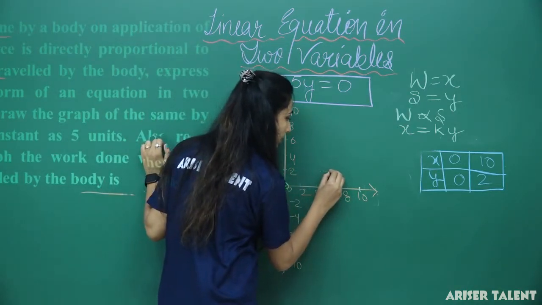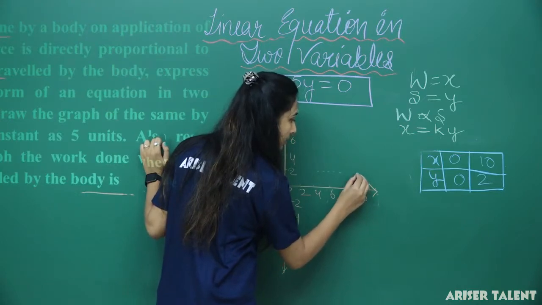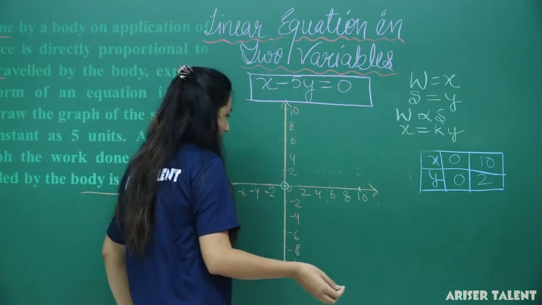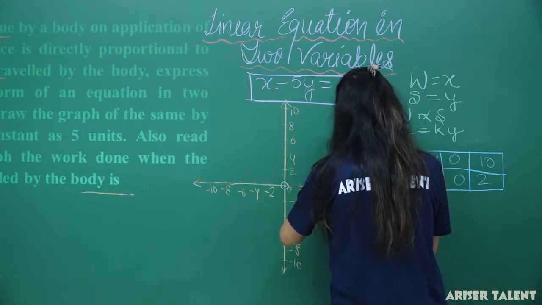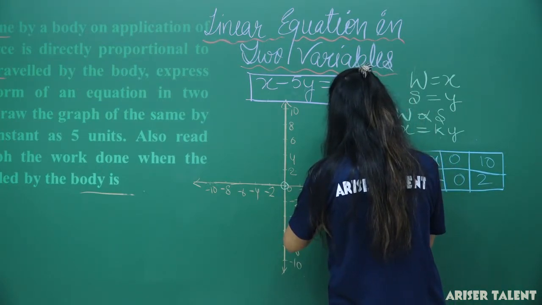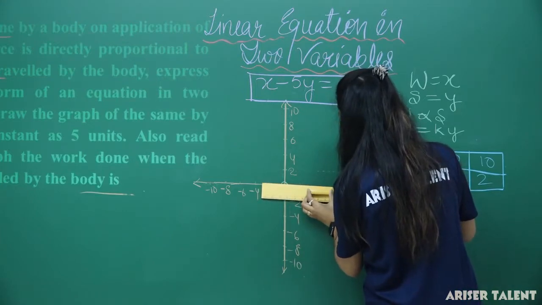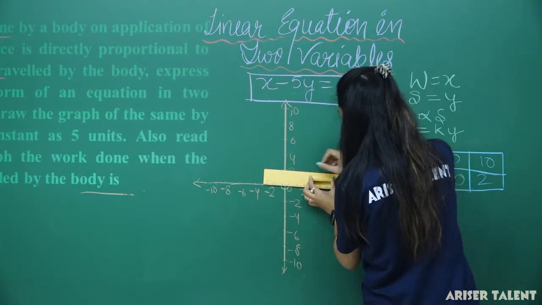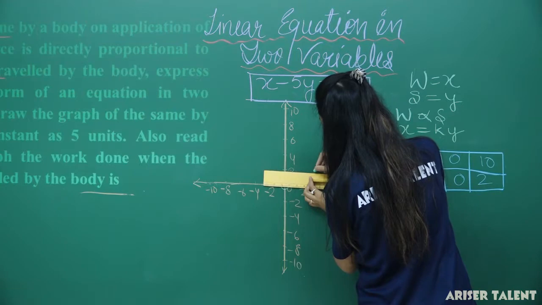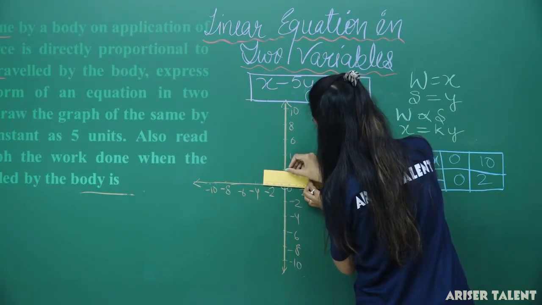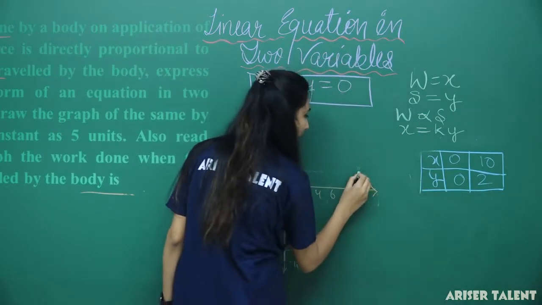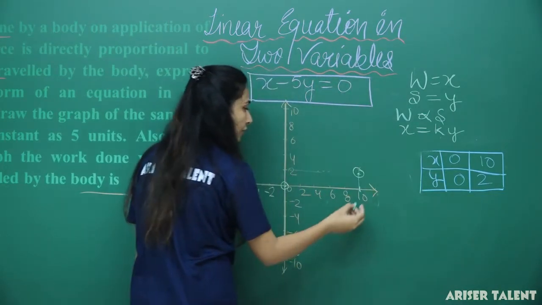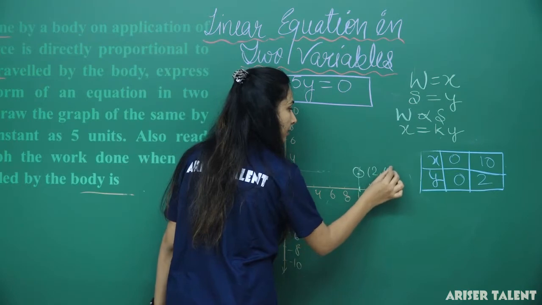Now they will be meeting somewhere here, or to be precise I will use this scale. You will be getting your markings, right. Something like this side here. So this point will be 2, 10.